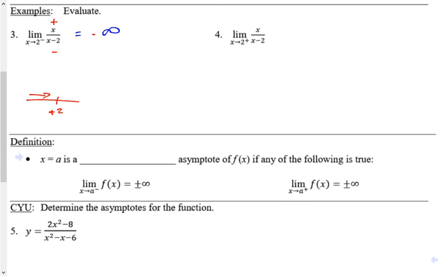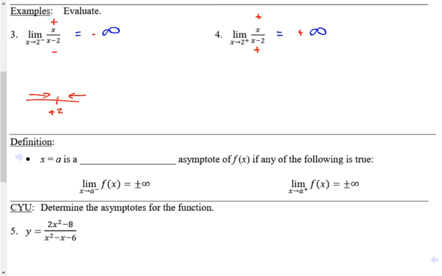And similarly for number 4, since my denominator goes to 0, my numerator doesn't, my whole function is infinite. Is it positive or negative? And I think it through, my numerator is positive. My denominator, if I'm approaching 2 from the right, I'm a little bit bigger than 2. A little bit bigger, minus 2, gives me positive.